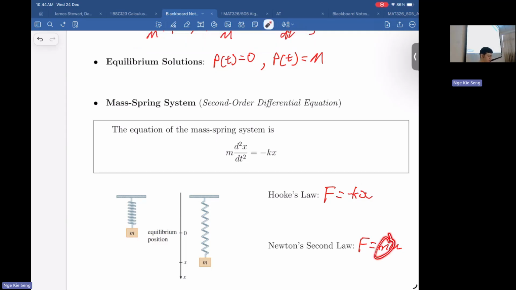Here m is fixed already. K is also fixed. This k depends on how stiff your spring is. So acceleration will depend on your x. It depends on where you are in your displacement how fast you can go.